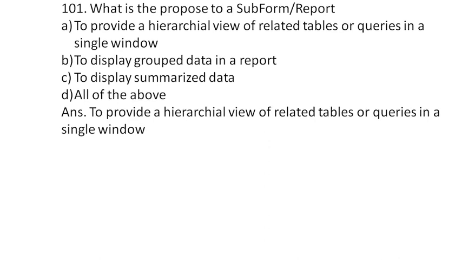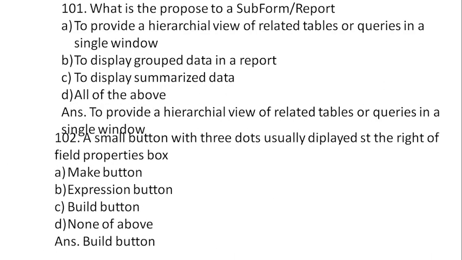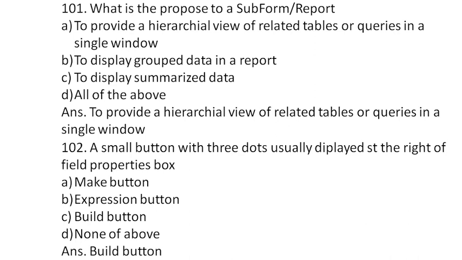Answer: to provide a hierarchical view of related tables or queries in a single window. Next, a small button with 3 dots usually displayed to the right of the field properties box. Answer: build button.